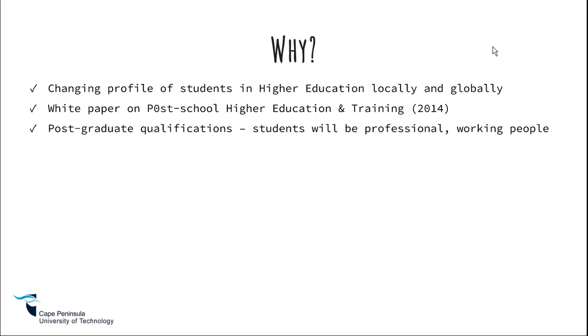If we're going to talk about our postgraduate diplomas, many of our students will be professional people. If they haven't got undergraduate qualifications, they will certainly have specialist knowledge in the workplace, related or not related to the qualification they want to study.